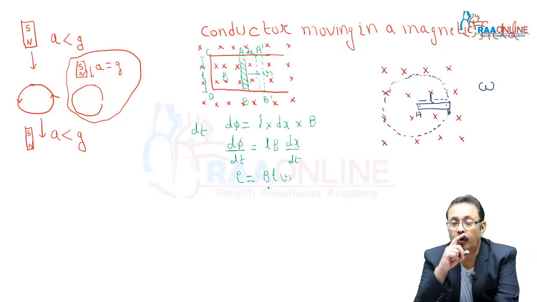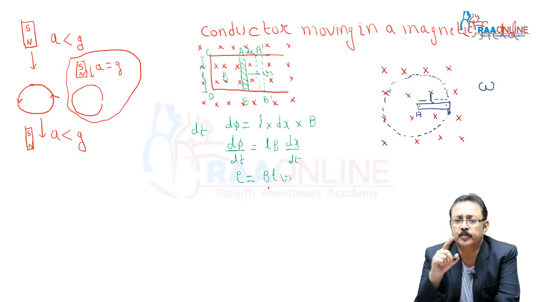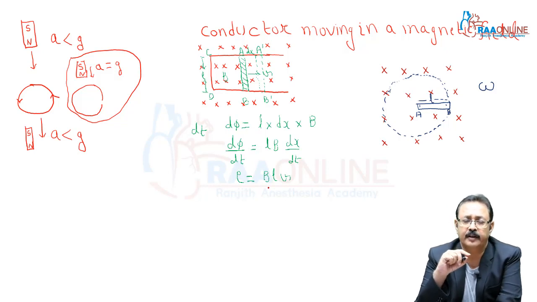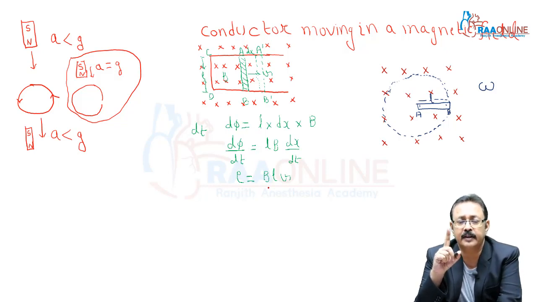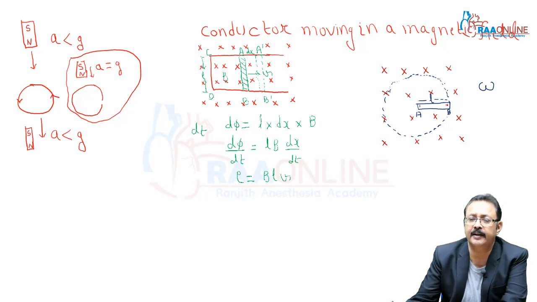Now, the rod is moving with constant angular velocity. You can observe that each portion of the rod is not moving with constant linear speed. If the velocity at this end is v, the velocity at the other end is 0.